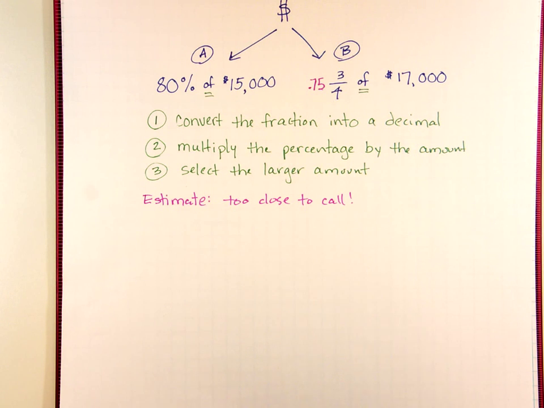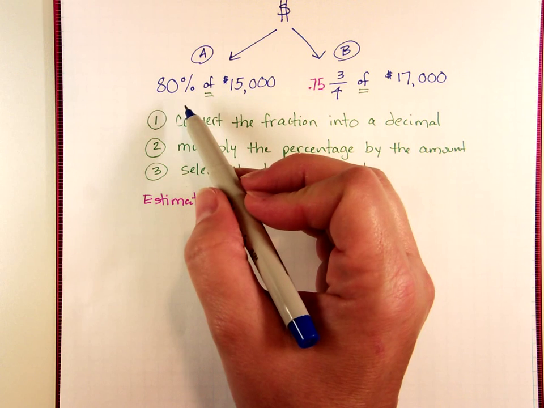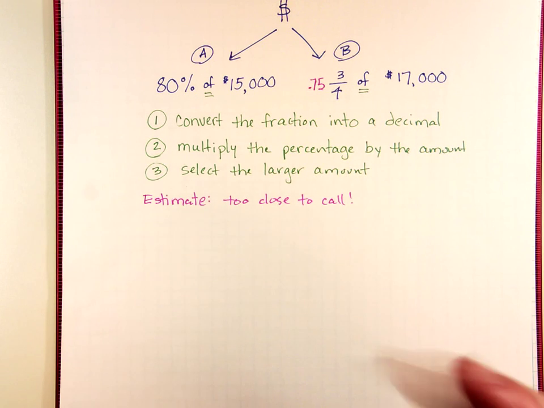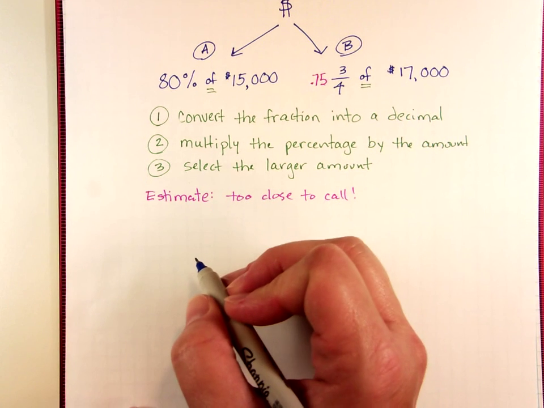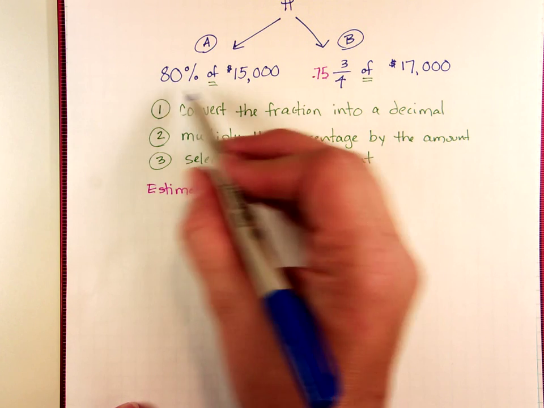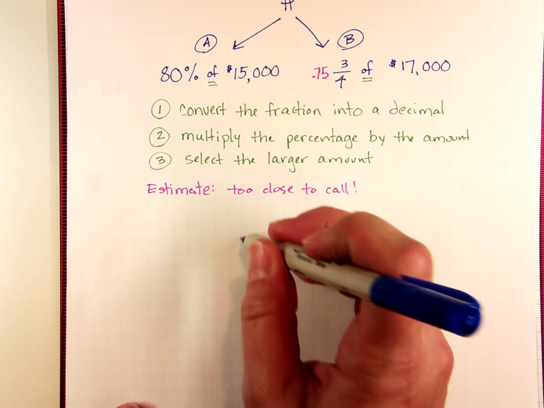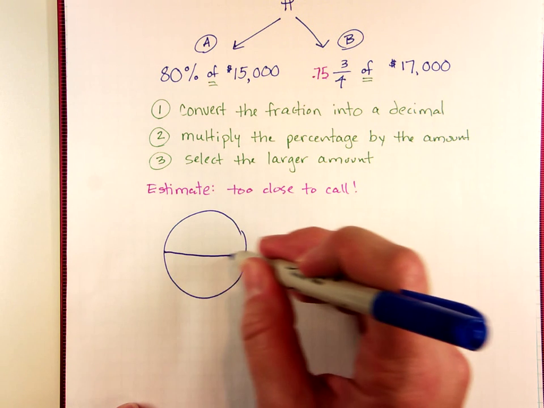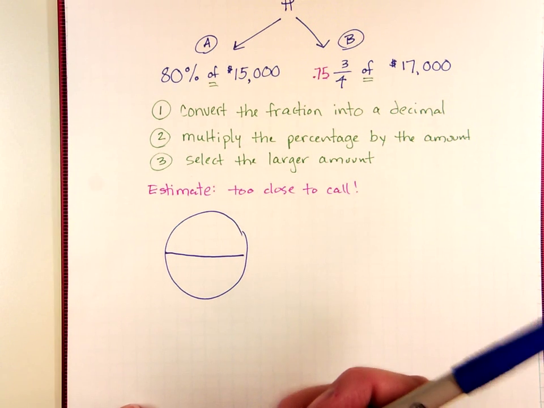There are a few different ways that we could do this. You could say, well, Christy said that when you have an of, I just get to multiply. Or you could use the percent circle. I'll tell you what, for the first one, let's do the percent circle just to give us a little bit of practice with that. So what's 80% of 15,000? Make your circle. This is your division line, just like Elizabeth showed us.